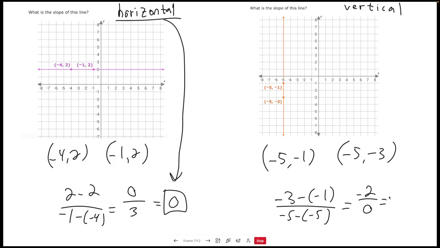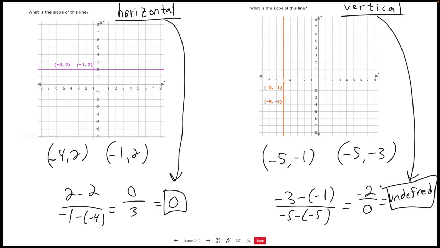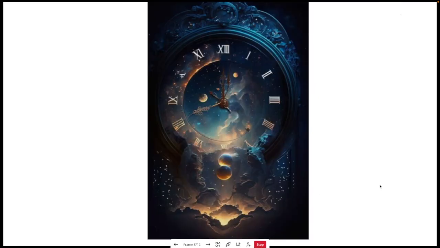And anything divided by 0, like if you type -2 divided by 0 in your calculator, it will tell you the answer is undefined. Okay, and for any vertical line, the slope will always be undefined. Always, always, always.